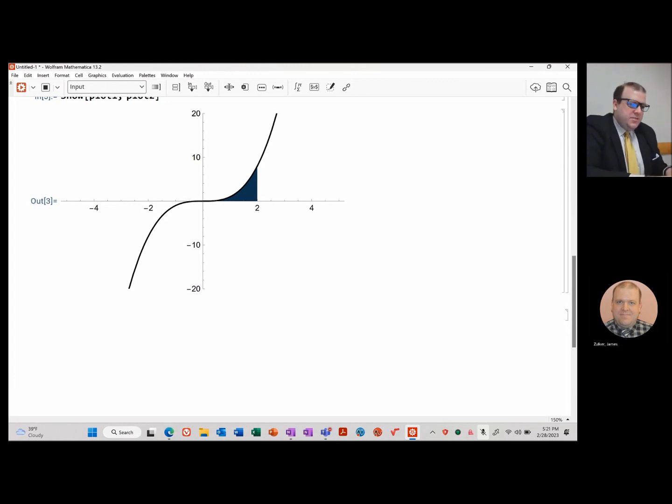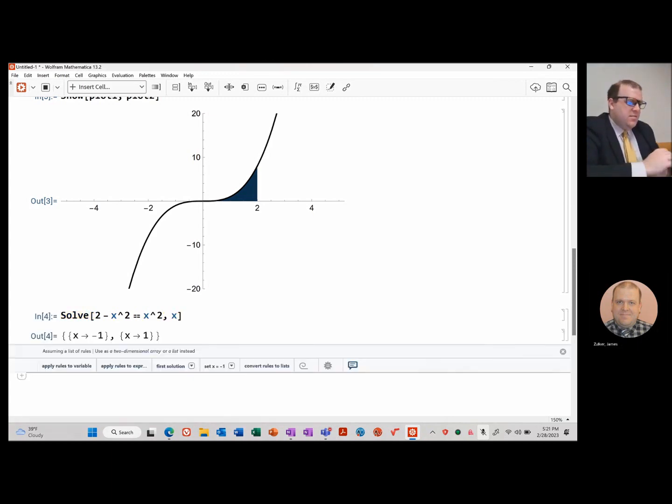Actually, first, we're going to need points of intersection. Right, so let's go ahead and solve. Get +1 and -1.